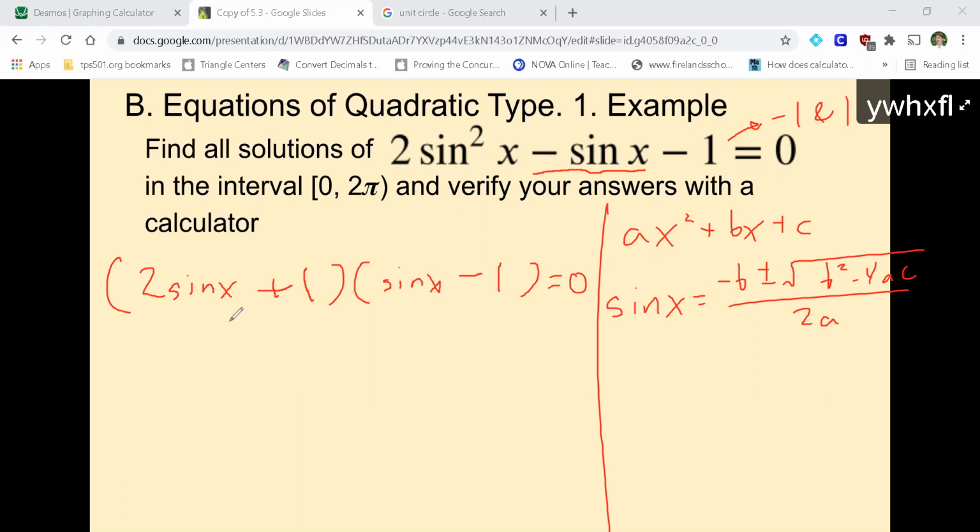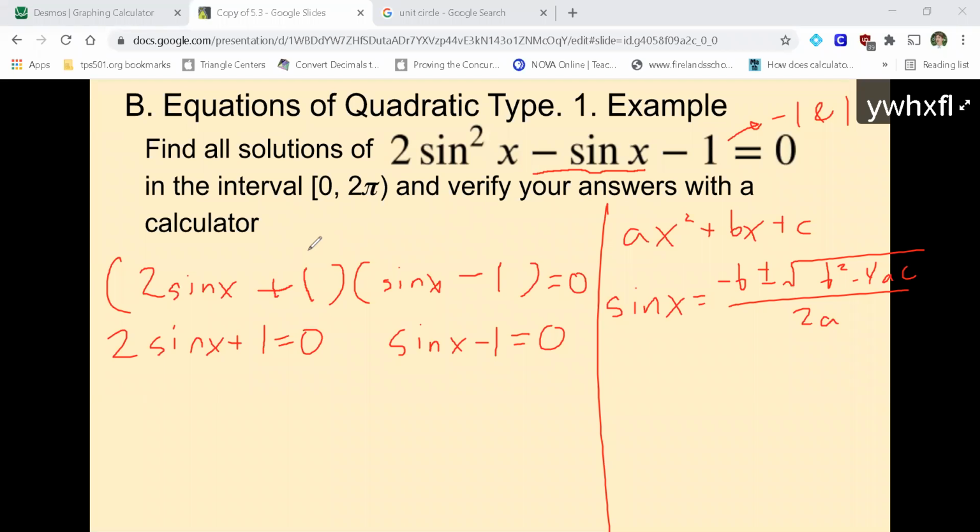All right, now that this is factored, solving this is just like we did for the bell work. We're going to set each factor equal to 0. And then we're going to solve each factor for x.